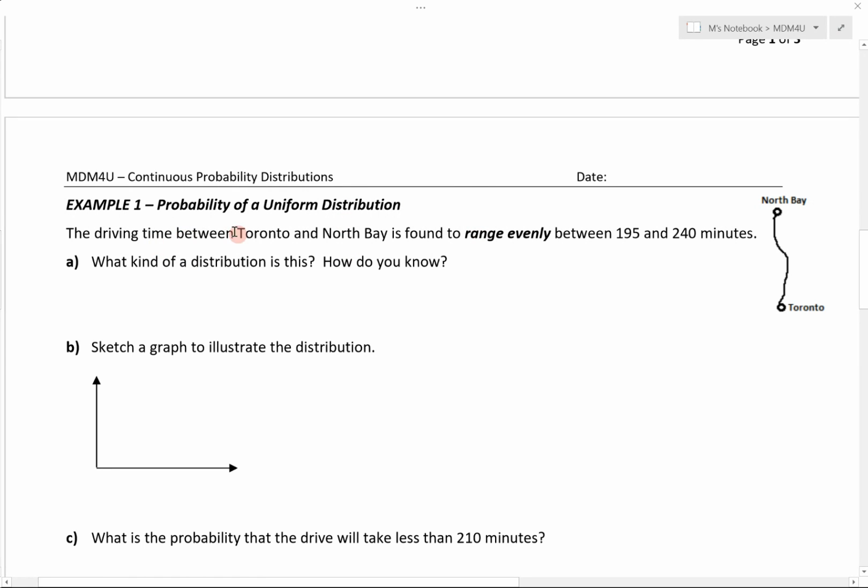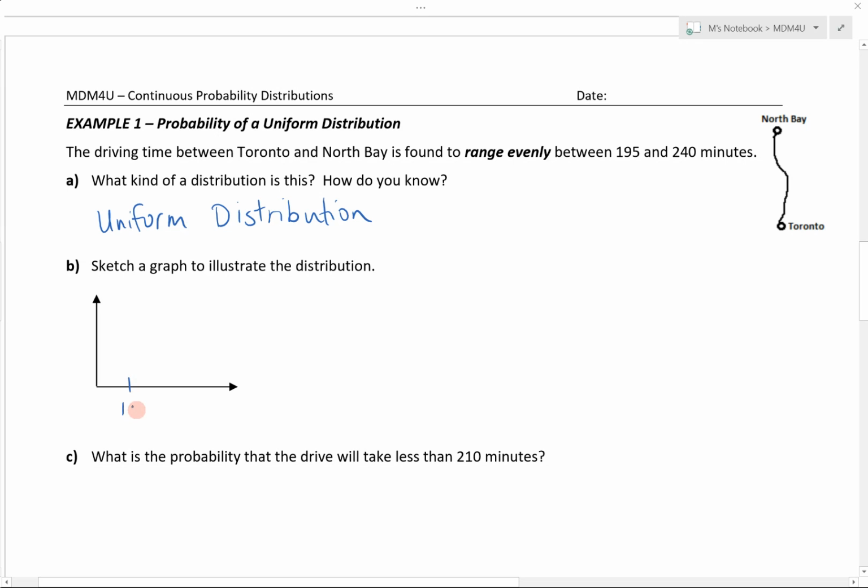The driving time between Toronto and North Bay is found to range evenly between 195 and 240 minutes. What kind of distribution is this? We would call this a uniform distribution, just like what we studied in the discrete case. However, this is a continuous distribution, so it's going to be between 195 and 240.